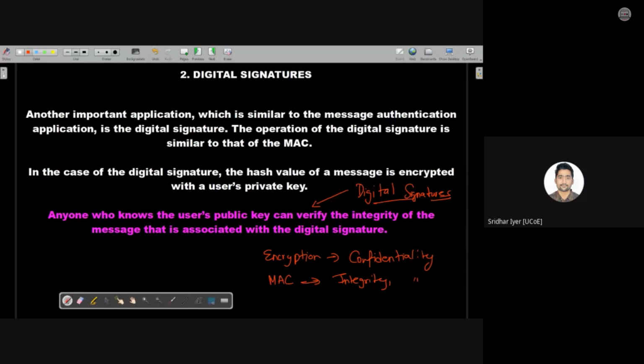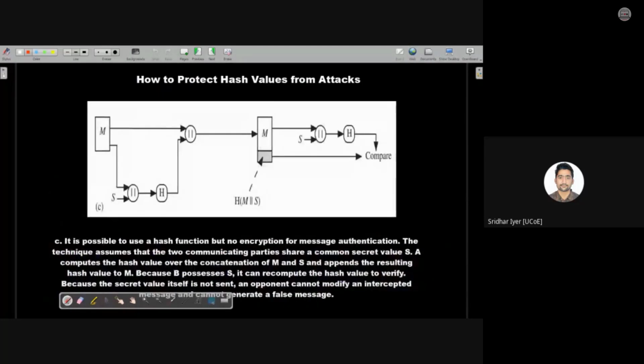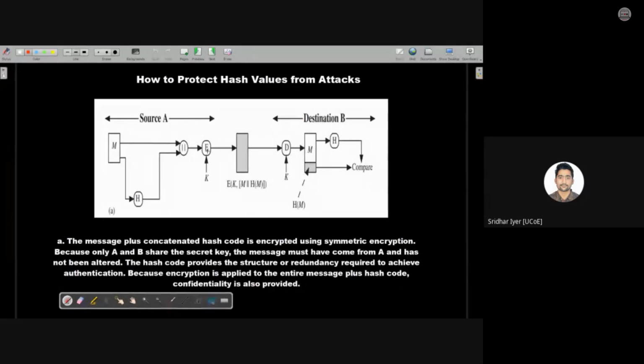Right? So when I'm talking about message authentication codes or MAC, I am hashing as well as encrypting. But I'm encrypting with a symmetric key. Symmetric key की बात कर रहा हूँ. So see over here, this is the symmetric key I'm talking about. Yes or no? Same key which is being shared by both the sender and the receiver.